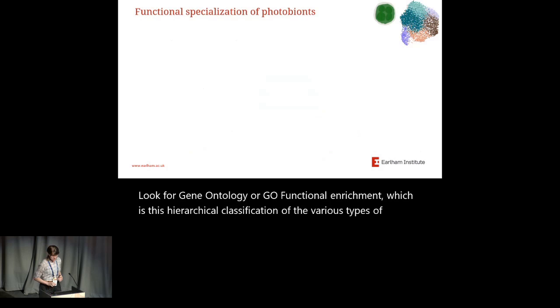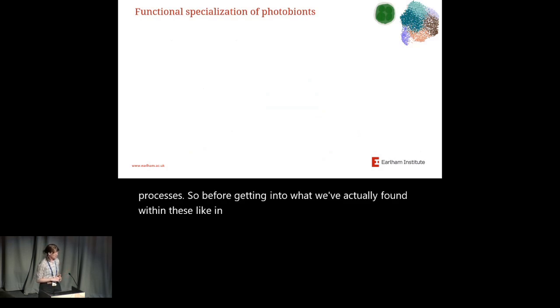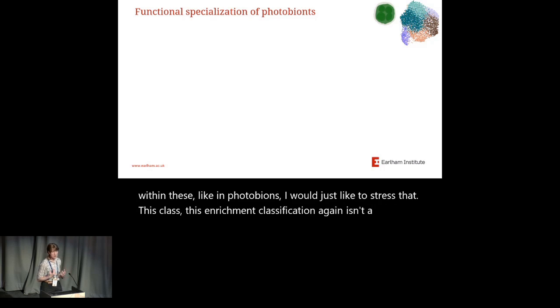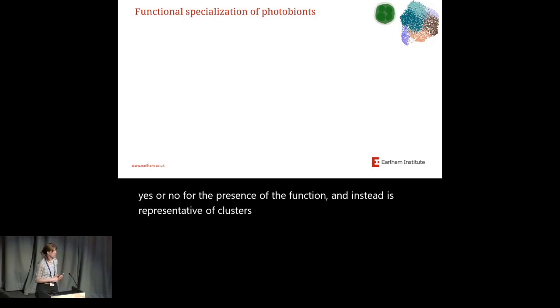Before getting into what we've actually found within these lichen photobionts, I would just like to stress that this enrichment classification isn't a binary yes or no for the presence of the function, and instead is representative of clusters of cells that show a higher level of activity for those functions.